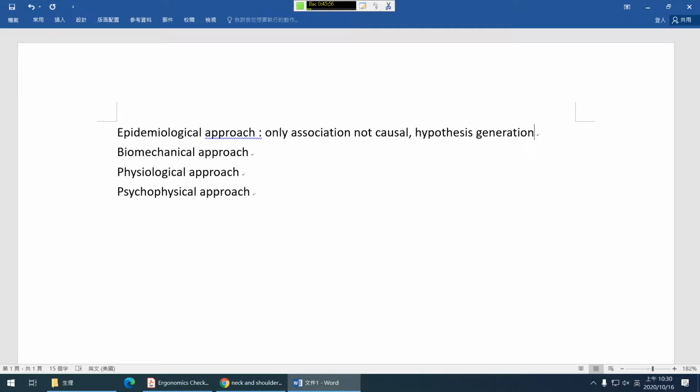They call this evidence-based data analysis. No, it's not evidence-based. It's only part of the evidence. You are only getting association, not causal relationship.